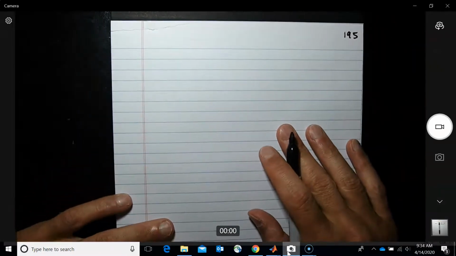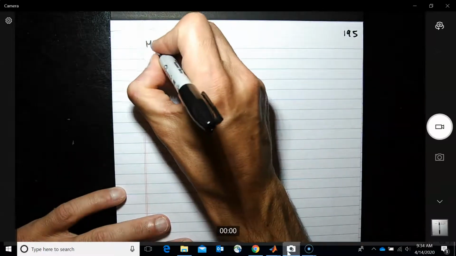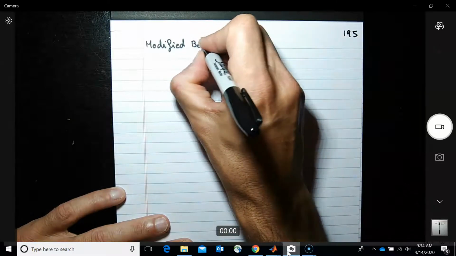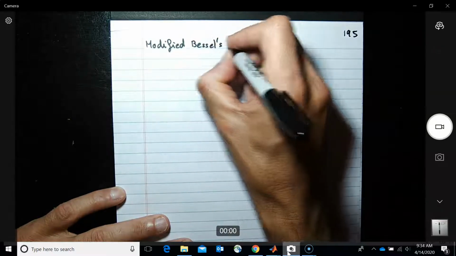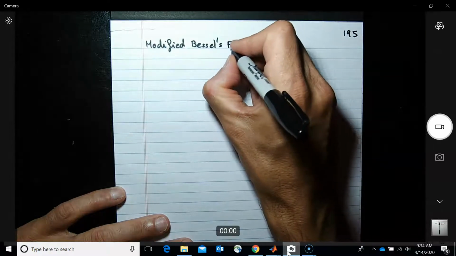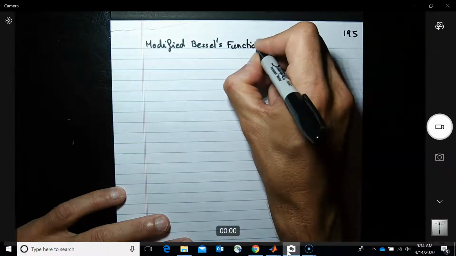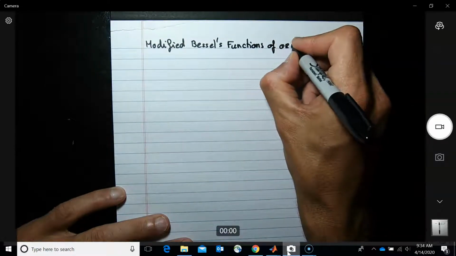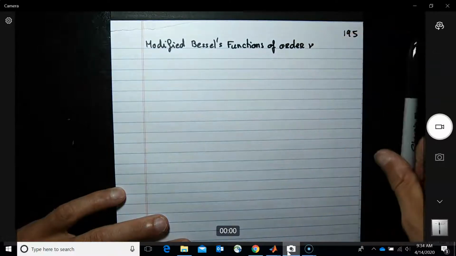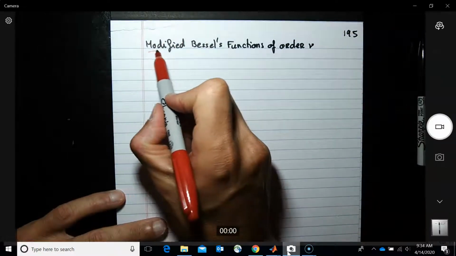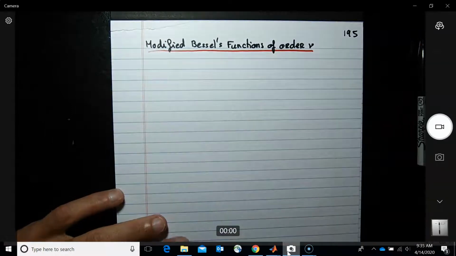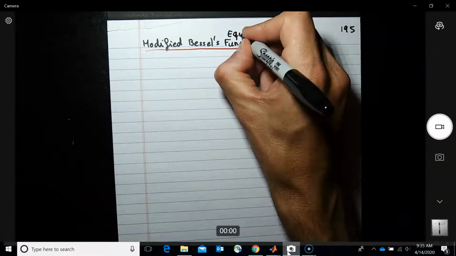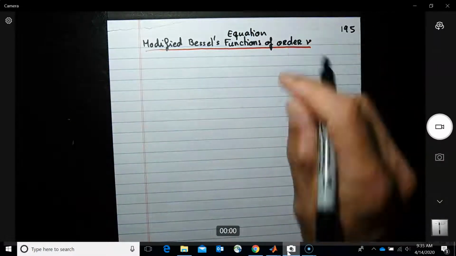So when I look at the modified Bessel functions of order mu, or we could say the modified Bessel equation of order mu.